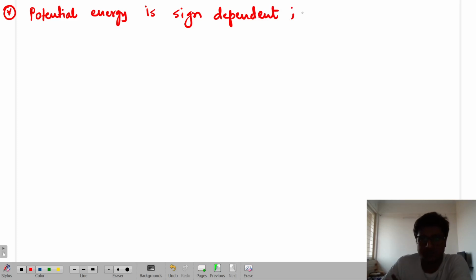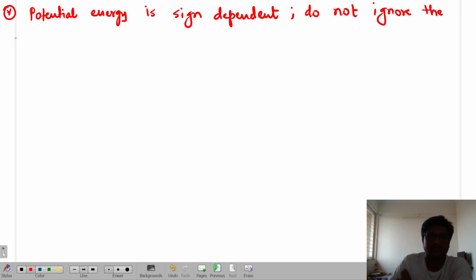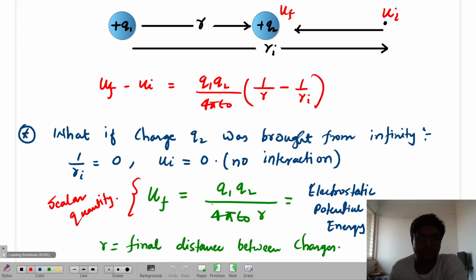Here, do not ignore the sign of charges, write this down. If a negative charge would have been brought here, the potential energy would have been negative. Is that clear or not?